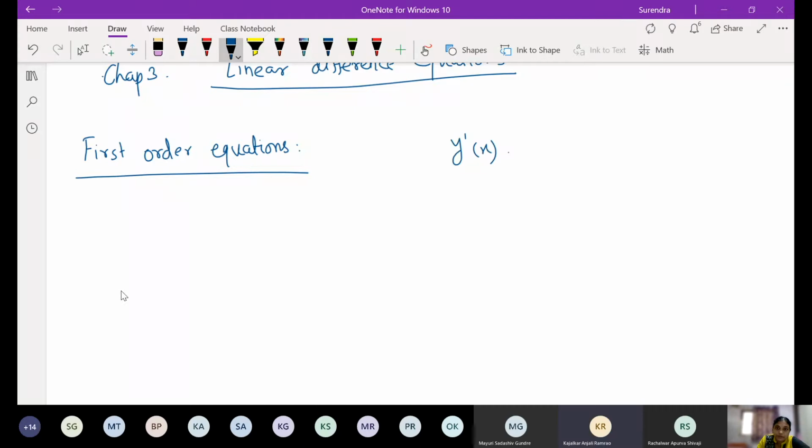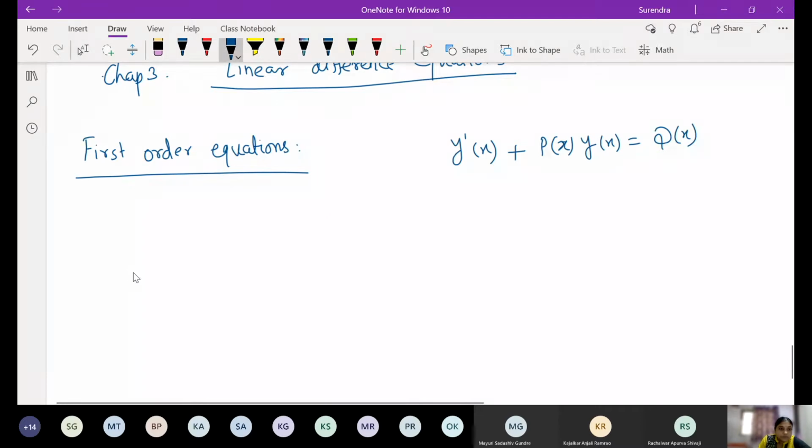It is y'(x) plus p(x) y(x) equals q(x), right? Similarly, we now want to see the first order linear difference equation.